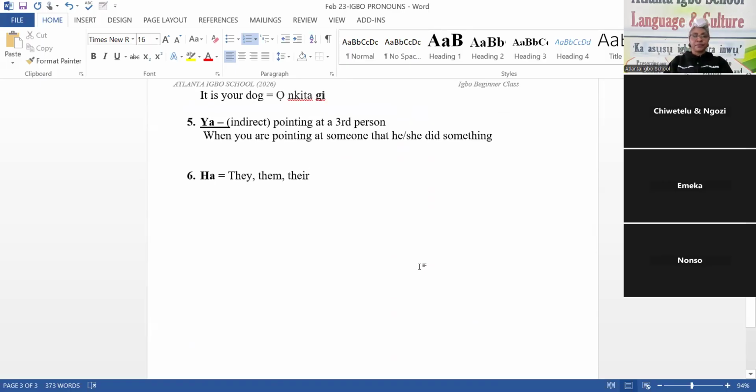Now, when you're trying to conjugate this one, when you want to do it in the present, past tense and future, you can say something like, they cooked food. We're trying to put it in there.